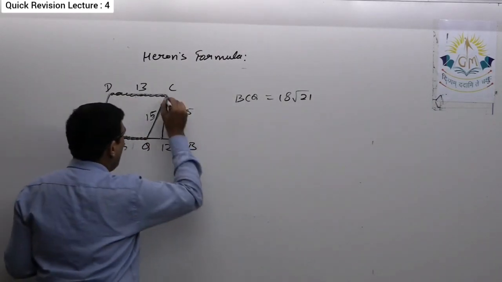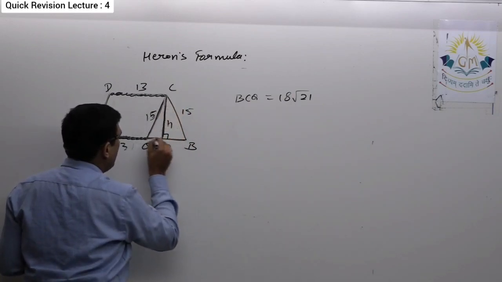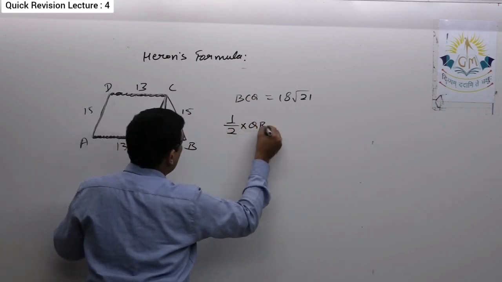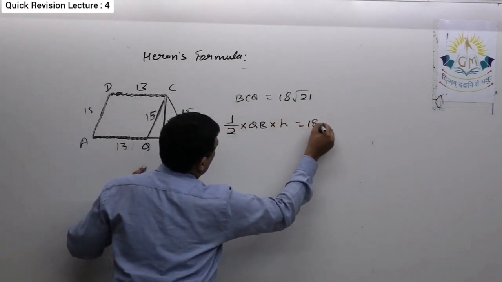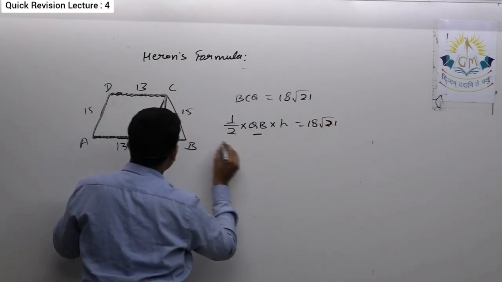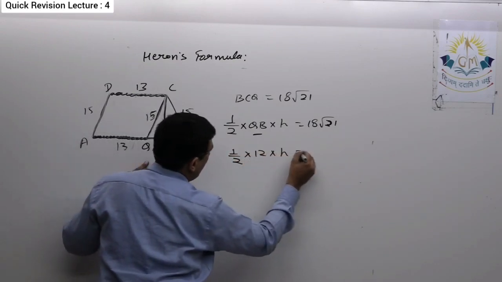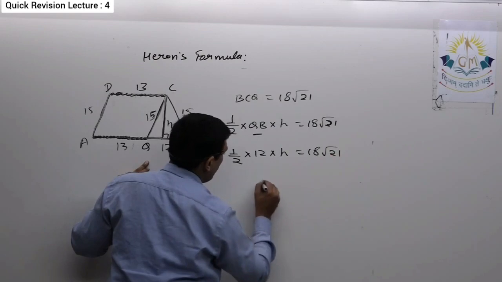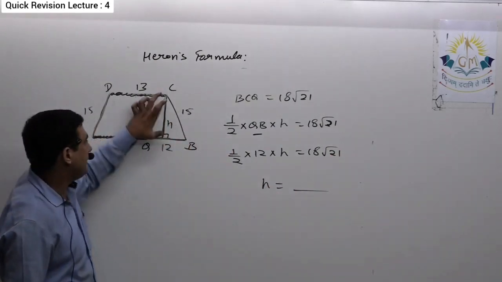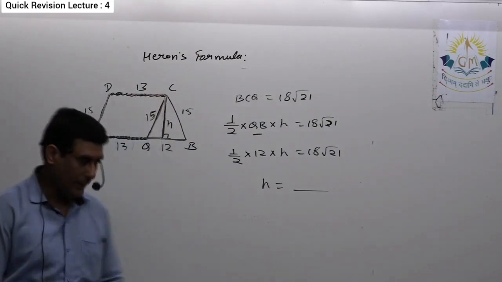Now I can compare this area, say this is the height h and this is the base, so I can say BCQ is equal to 1 upon 2 base BQ and height h, 18 root 21. Here BQ is given to us, this is 12, so 1 upon 2 into 12 into h is equal to 18 root 21. From this you will get the value of h, and as soon as you get h, that means the height of this trapezium, you will be able to find its area.